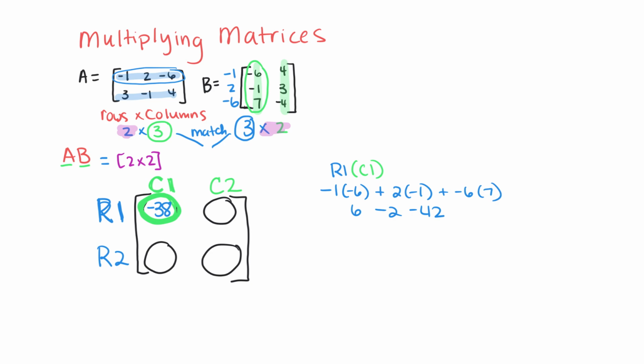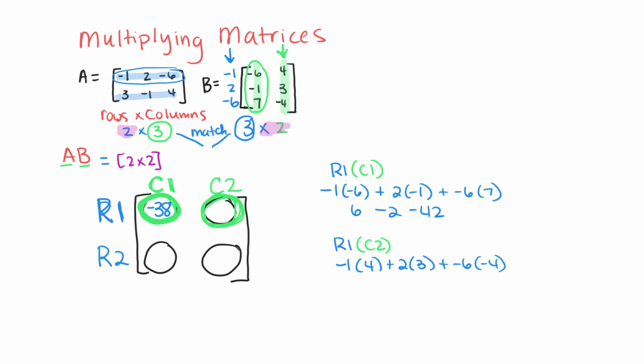Okay, so now if I'm going to do row 1 times column 2, that's going to give me this number right here, because that's in row 1, column 2. So if I take row 1, which I have already written right here, and multiply it by column 2, the numbers I'm going to have are -1 times 4 plus 2 times 3 plus -6 times -4.